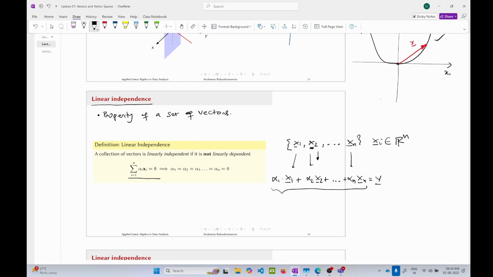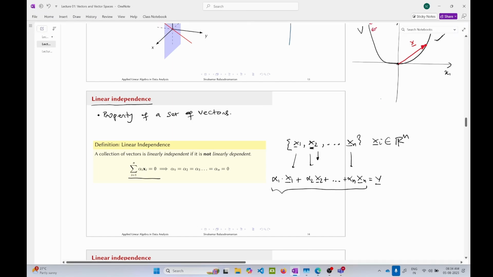You say that a set of vectors is linearly dependent or linearly independent based on this: if you take the linear combination and you want to produce the zero vector, the set is linearly independent if the only way you can produce the zero vector through a linear combination is by setting all the alphas to 0.